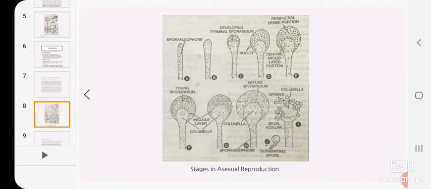Later on, vacuoles are developed which fuse to form a continuous cleft, and then a dome-shaped septum is formed towards the inner side of the cleft. You can see here in the diagram also that the dome-shaped septum is formed, due to which a dome-shaped columella is formed, which is in continuation with the sporangiophore.